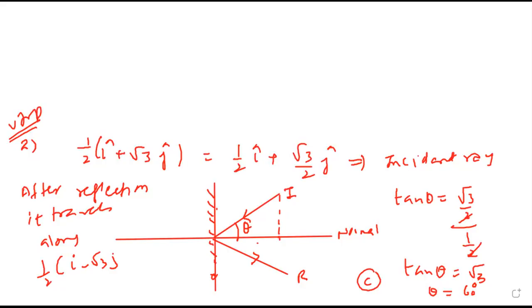Yes, sir. Next sum. An object is placed at a distance of 40 centimeter from the concave mirror. So u is 40 centimeter.